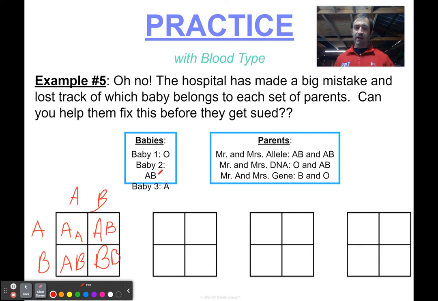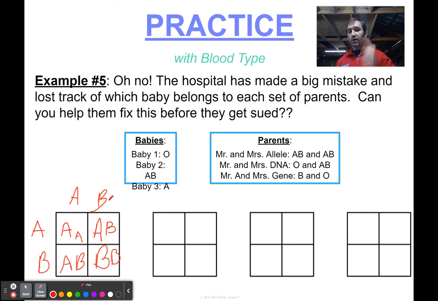We know right now, if we look at this, it says baby one has type O, baby two is type AB, baby three is type A. So baby one and baby three cannot be Mr. and Mrs. Allele's child. The only possibility is baby two.